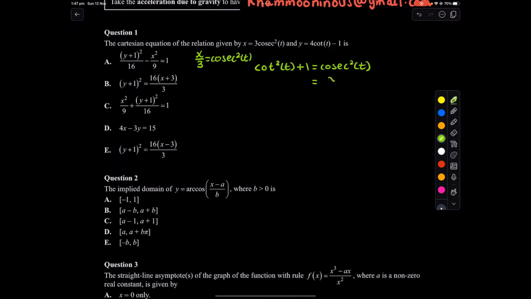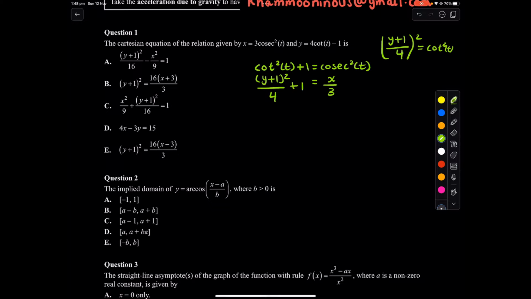So this part over here will be x over 3. Nice. The next part is we just want to re-express this in cot squared t. So this will be y plus 1 over 4, and we're squaring it. That's going to give us cot squared of t, and we can rewrite it as y plus 1 squared over 4 plus 1. Nice.